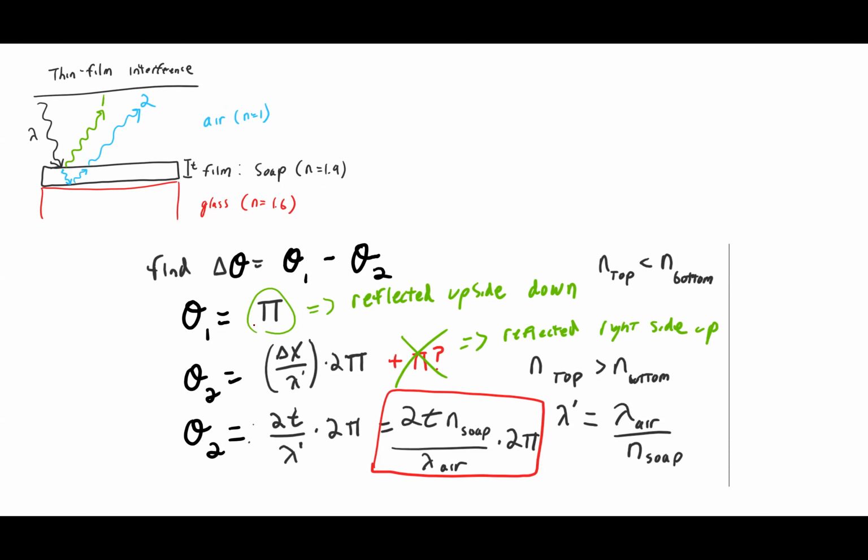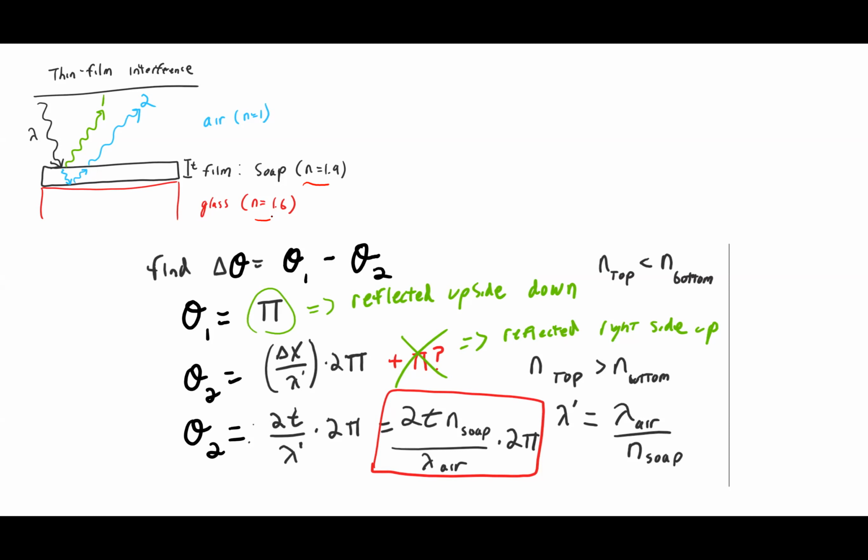So it comes back upside down. Now, wave 2 does not get that pi phase shift. It is reflected right side up because it's traveling in the soap when it bounces off the glass. So it's traveling through a medium with a high index of refraction, reflecting off a medium with a low index of refraction. So it does not get flipped over when it reflects.